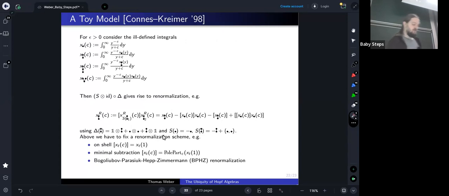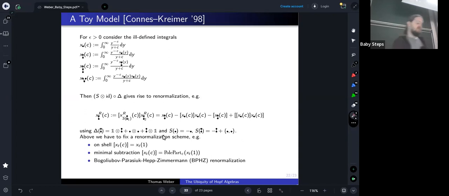But what you do is look at those integrals and figure out how divergent they are and what parts are the messy ones, and you want to treat them separately and remove the divergences corresponding to the sub-divergences.